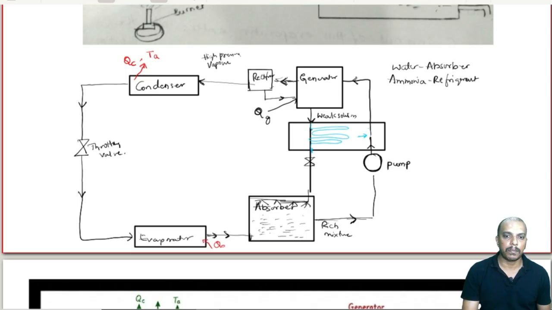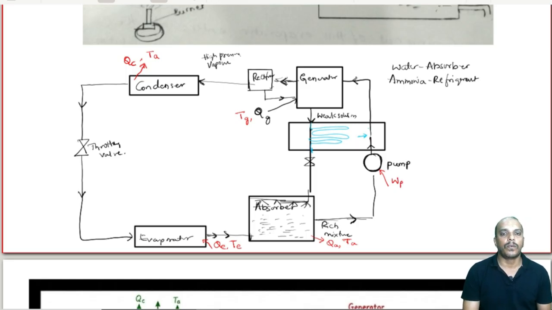So let us say that is happening with an amount QE, and the temperature at which that is happening is TE. And remember, the generator is supplied with QG, at a temperature, let us say, TG. Similarly, the absorber should also be rejecting heat QA, and the temperature at which this happens is called TA. And of course, we need to supply work or energy to the pump.